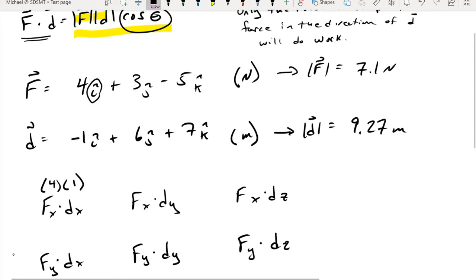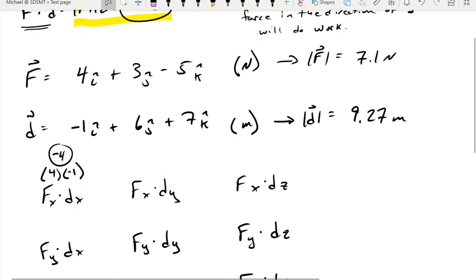And if we had just multiplied the actual values of our components, we would achieve the same outcome of -4. That just makes our life a whole lot easier because we can do this quicker.